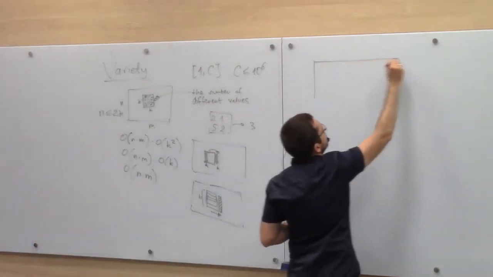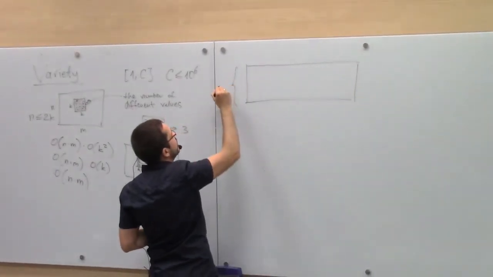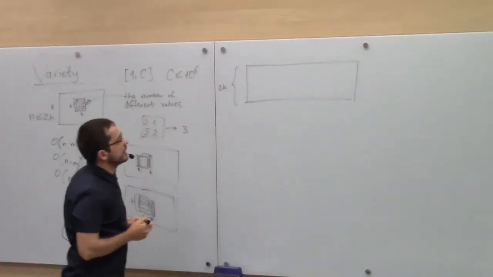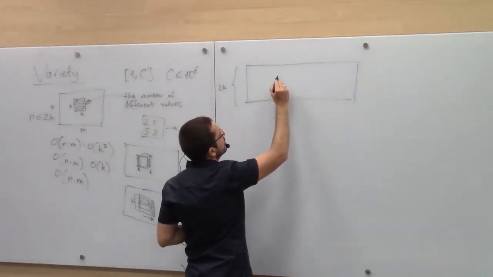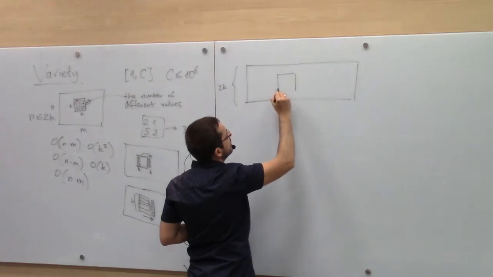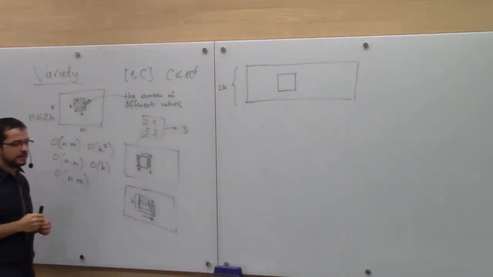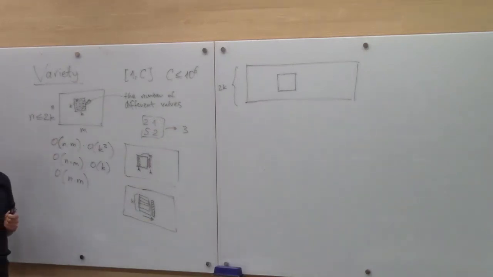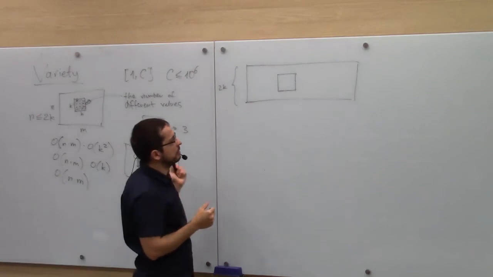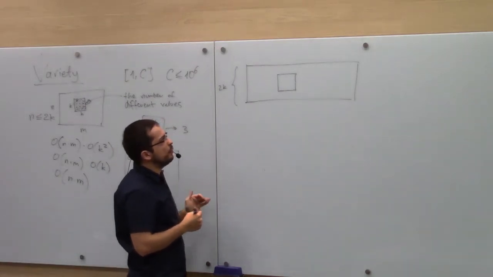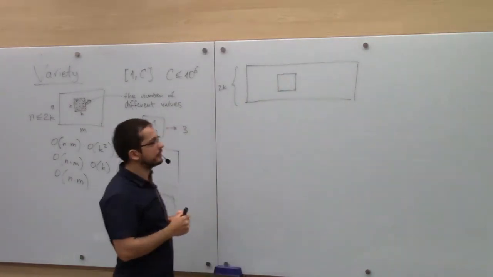So the picture will be as follows. Here we have 2 times k, and let's fix one particular value c, and see when this value appears in the square.